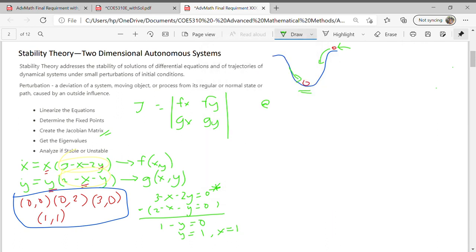At 0, 0, our Jacobian matrix is, you simply substitute the value of x and y to the Jacobian matrix.